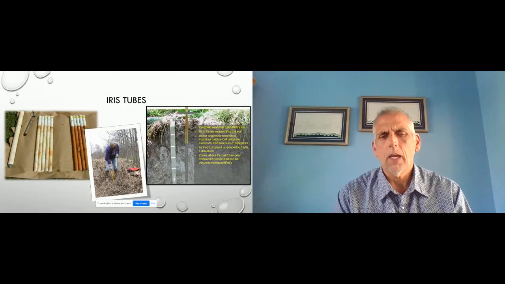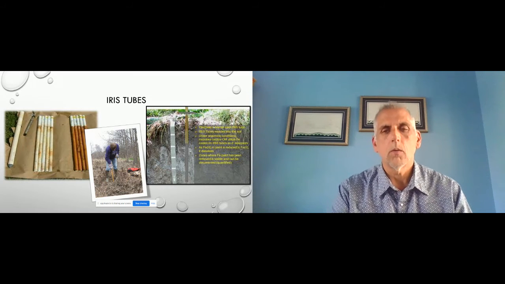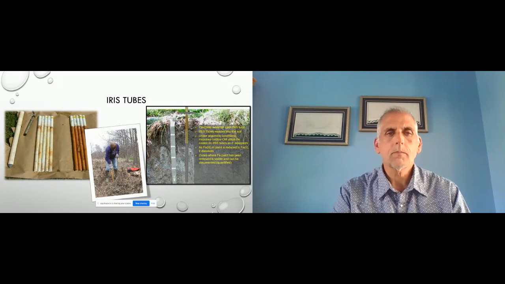This is used mostly out in the eastern part of North Carolina, where they do have true water table issues. Most of the issues we have in the Piedmont and Mountains is going to be a perched water table, not a true water table. But IRIS tubes are a little bit more indicative than what we've seen in the past.